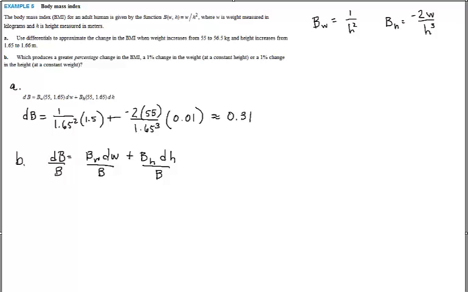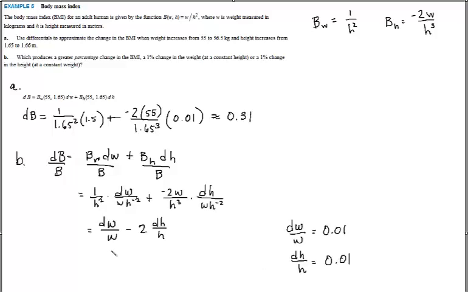And now I'm going to plug in our values for my BMI, or plug in my equation actually. Alright, now with this being my relative change in W and this being my relative change in H, well, I guess it'd be the whole thing.